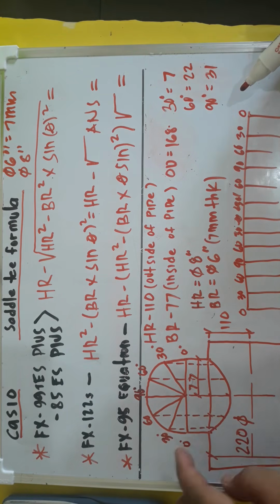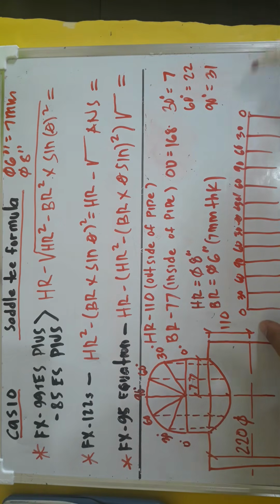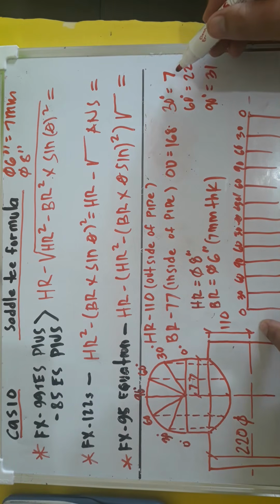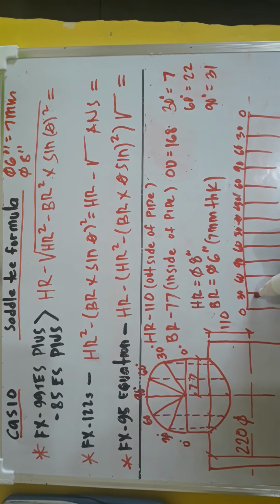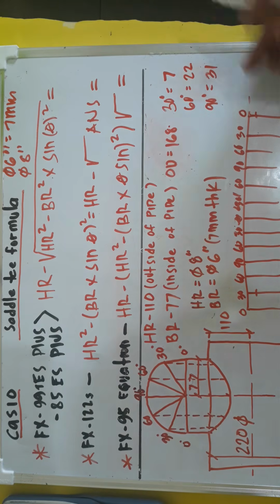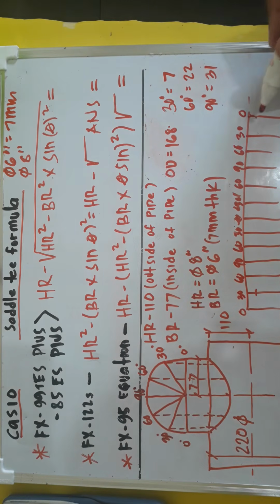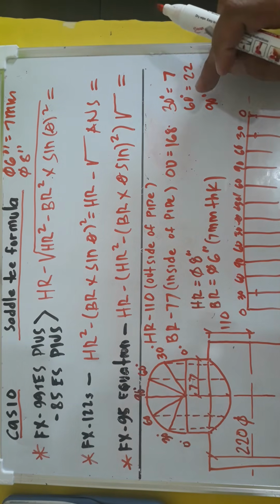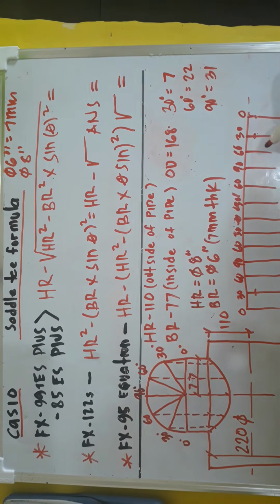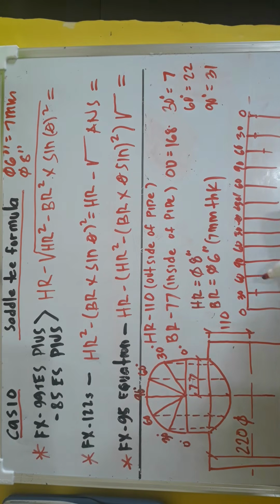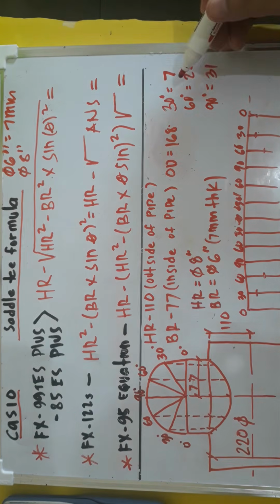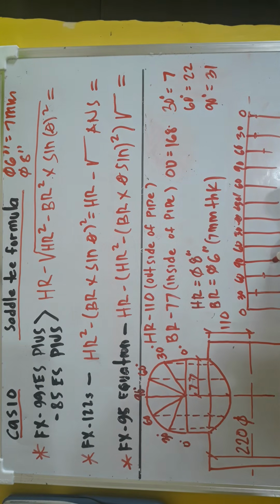And for the 30 degrees, let us say we have to measure from our baseline. So we have to put a measurement of 7 mm from our baseline. And again, 7 for the other side. So this is 0. This is 7 here, 30. And for the 60, we have 22. Let us say this is 22, and also 22 here. And for the 90, this is 31.